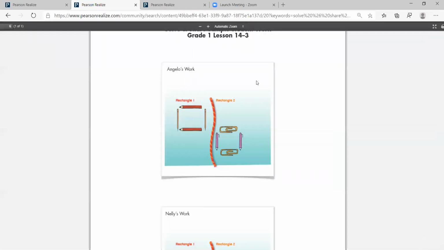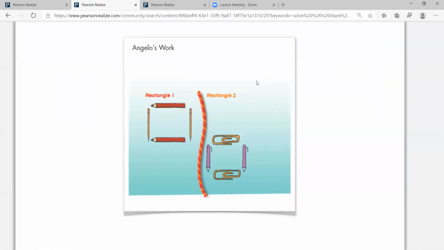In the top example, Angelo has made two different rectangles. In his first rectangle, he used two red pencils here on top and bottom that are the same length. And he used two skinny yellow pencils for side to side that are the same length, so that he has two pairs of sides that match in length.